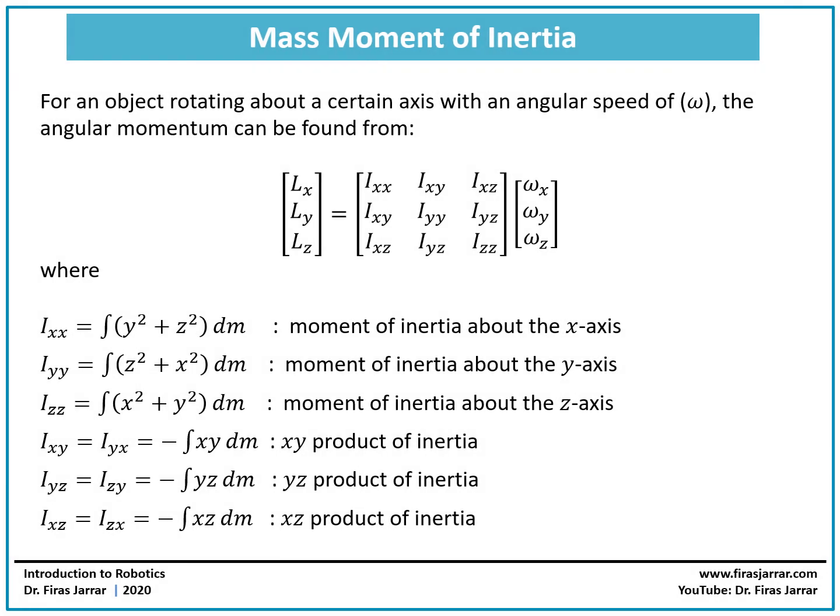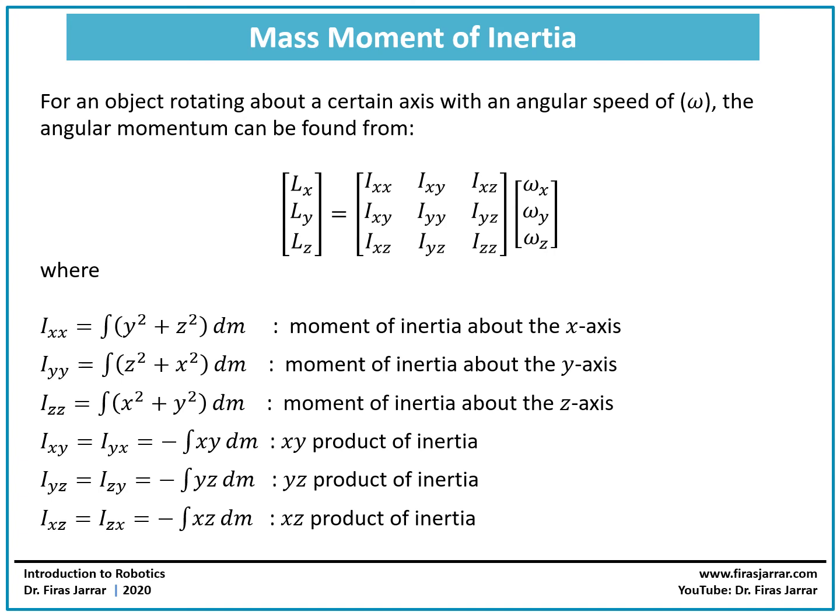Up to this point, we were able to find the mass moment of inertia about the x, y, and z axes. But what about the case where you want to find the mass moment of inertia about an arbitrary axis, not necessarily one of the principal x, y, and z axes? This would make sense if we have a rigid body which is free to rotate about any axis.